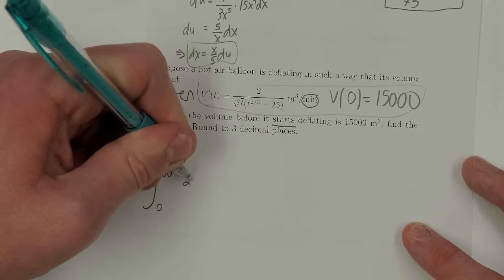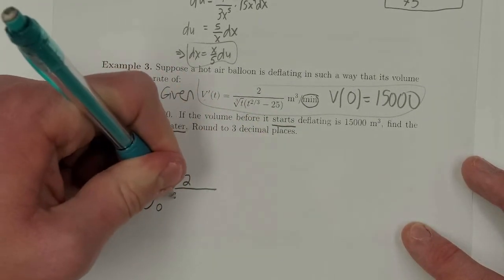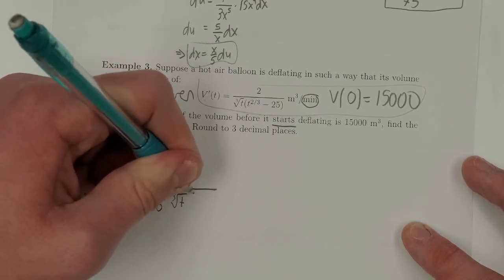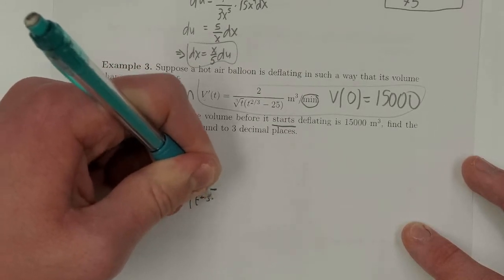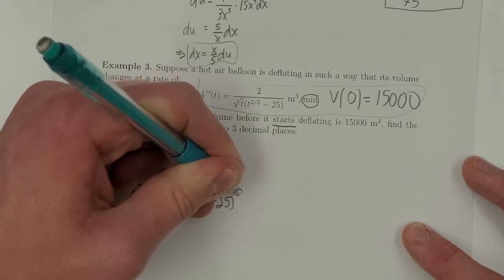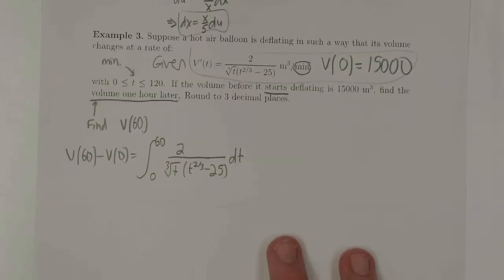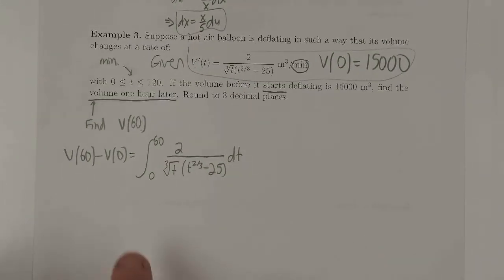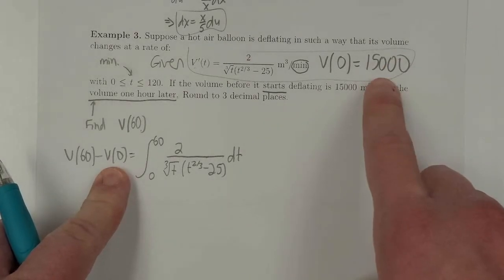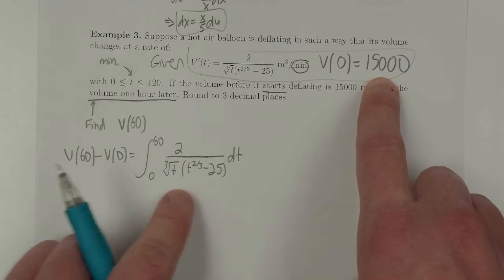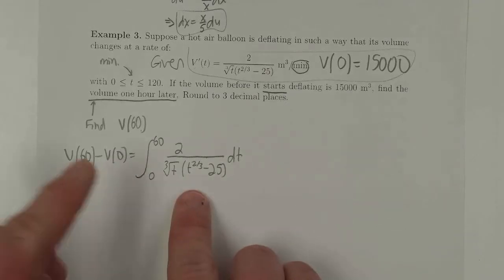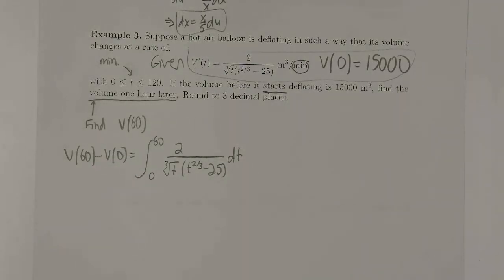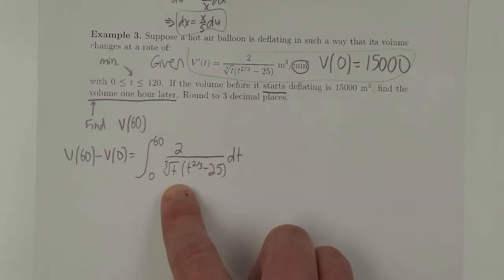So we have 2 over cube root of t times t to the 2/3 minus 25 dt. Okay? So that says, okay, well, we already have v of 0, because that's right here. So once we evaluate this integral, we can just add v of 0 to the other side, and then we're done. Okay? So let's first start by evaluating this integral, and then we'll go from there.